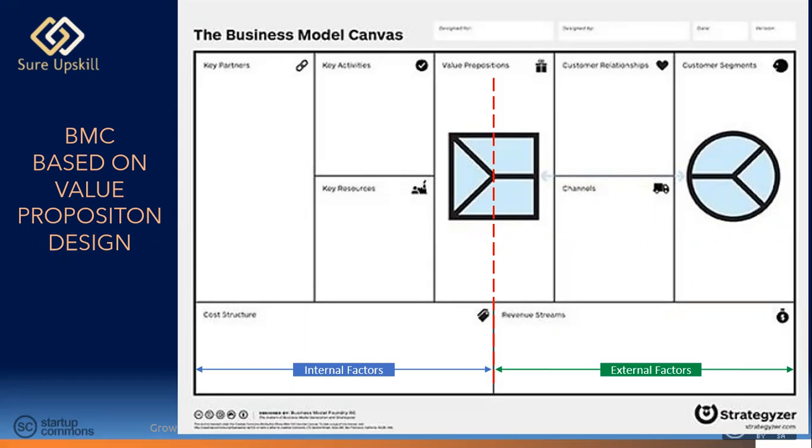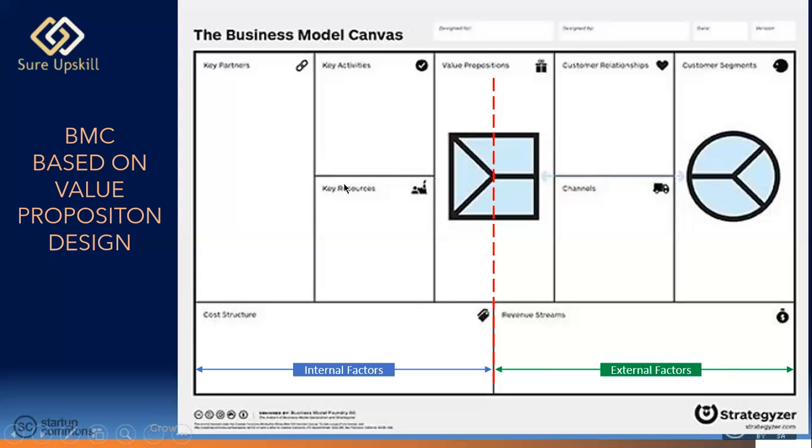Here, it starts with the customer segments, then the channels through which the product is delivered, then creating customer relationships, then creating revenue streams for getting the money from the market. On the left side, we have our own internal processes through which we deliver what is required to the customer part on the right side.